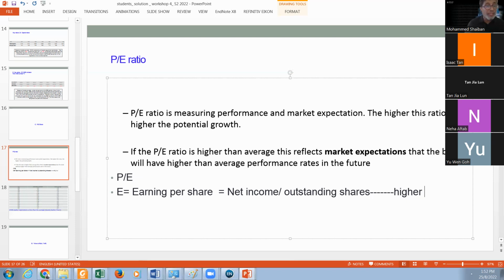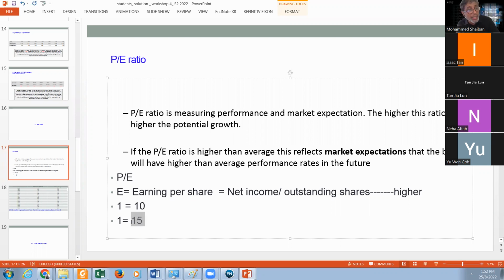Now, if somebody is giving me earnings per share of 1, and its share price is 10, and somebody else is giving me 1 earnings per share, but the price is 15, that means the share price reflects future information, the potential of growth.